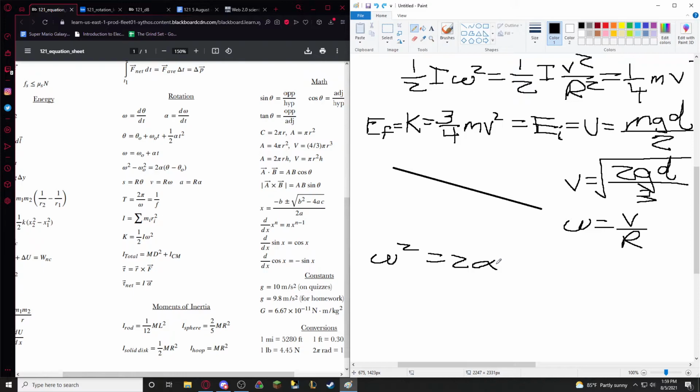Oh, so we rolled 2 meters. How do we get from the distance rolled to the total amount rotated?